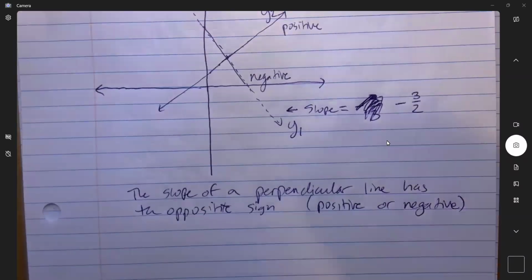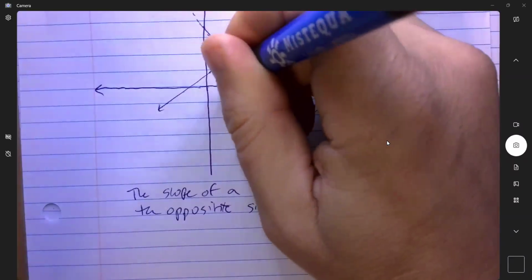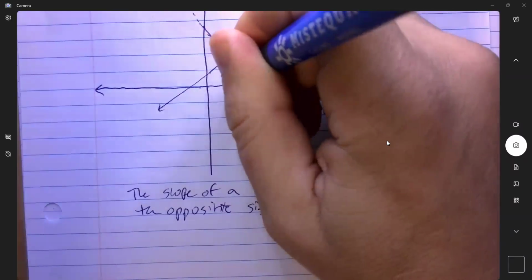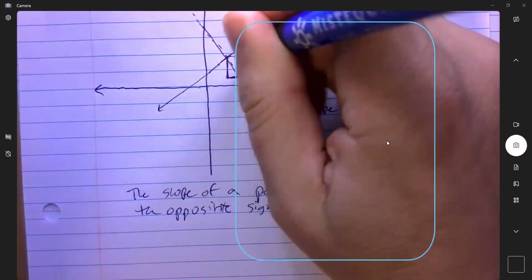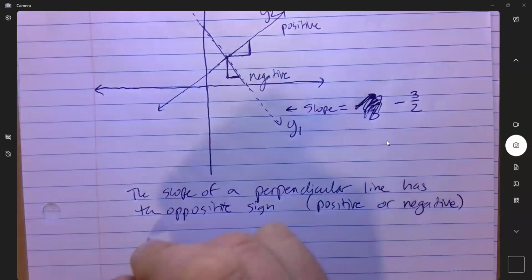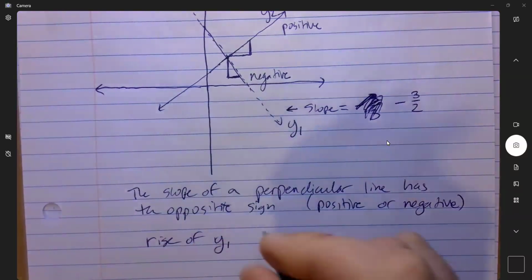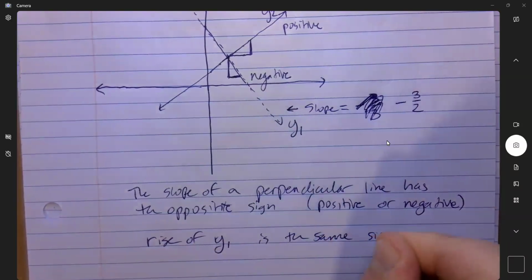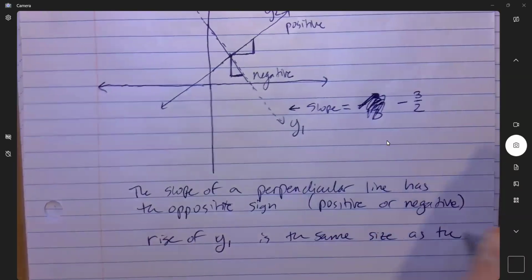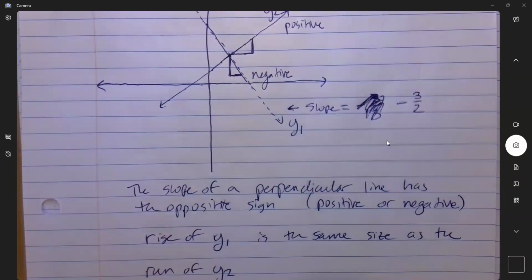The next thing to notice is when I look at my rise over run of my y1, and I compare it to my rise over run of my y2, the rise of y1 is the same size as the run of y2.